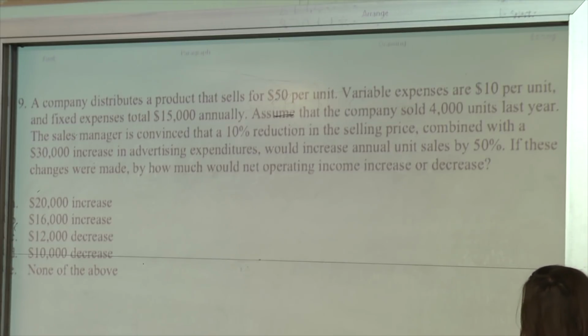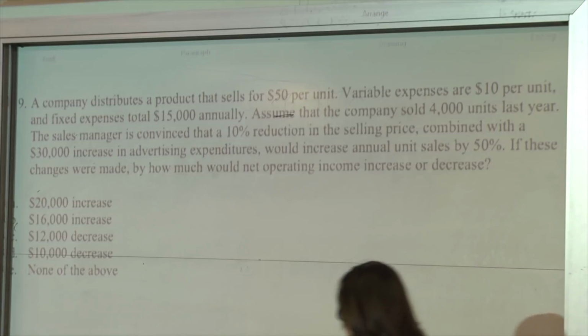So here we want to do a comparison between what we have now in the current situation and what we would have were we to apply these changes. Because if you're a manager of a company, you're not just going to apply these changes without actually calculating, forecasting what you think the end result is going to be.